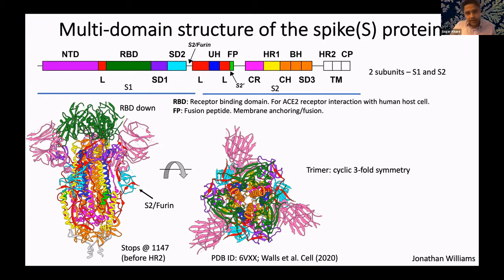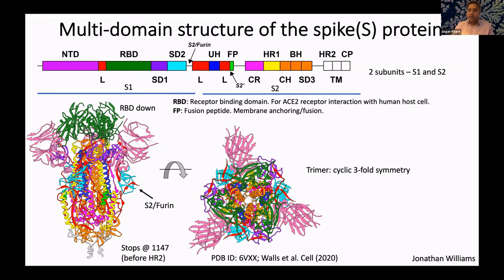There are two other things that I would like to draw your attention to in the sequence, and the first one is this boundary of the S1 and the S2 subunit. And this here has been labeled as S1/S2 furin, which means that there is another activating enzyme, much like TMPRSS2 that we just saw in the previous slide, another enzyme called furin that is involved in similarly proteolytically cutting this part and activating the protein.